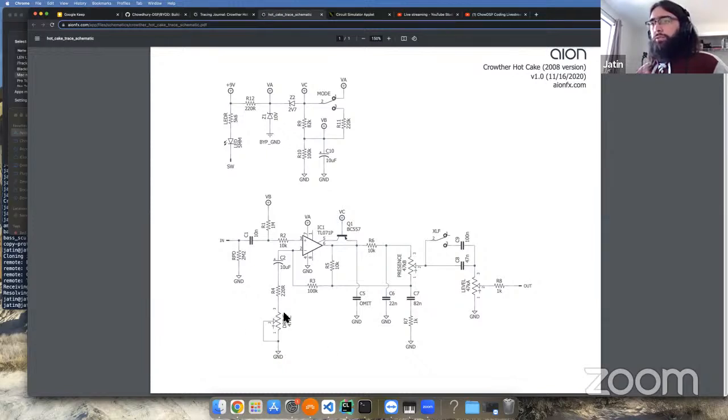And then we've got some controls. We've got this drive control that seems to just control the level at which we're driving this op amp. We've got this presence control on the output, and then the output level, which should be easy enough to get working, since it's basically just an output potentiometer.